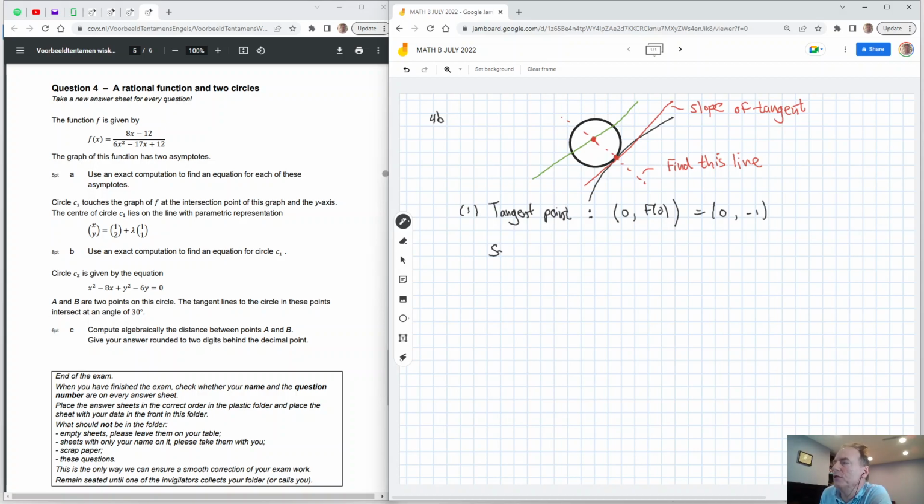And what's the slope? Well, we need to find the derivative of this function at 0. So we use the quotient rule for differentiation.